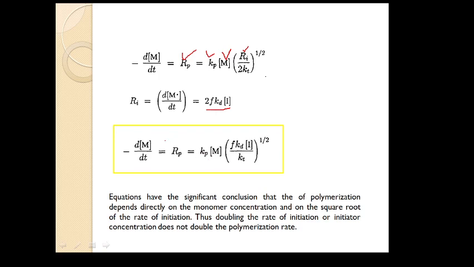Okay, so from this equation, what we can conclude is that if we double the concentration of monomer, it will double the rate of polymerization. But doubling the concentration of initiator does not double the rate of radical polymerization.